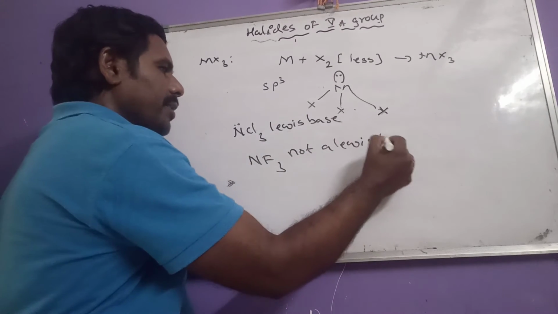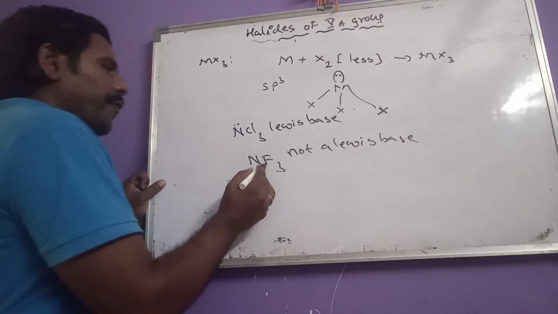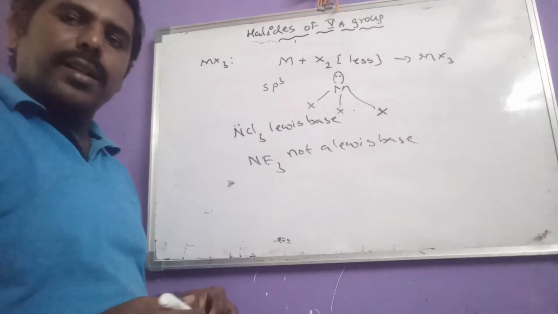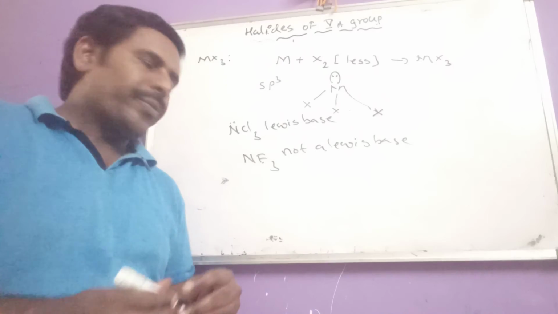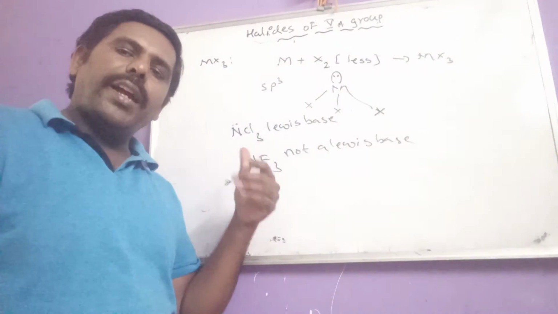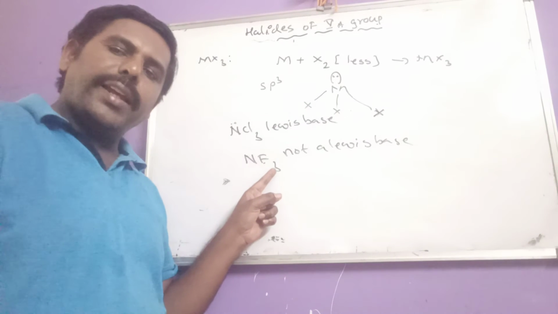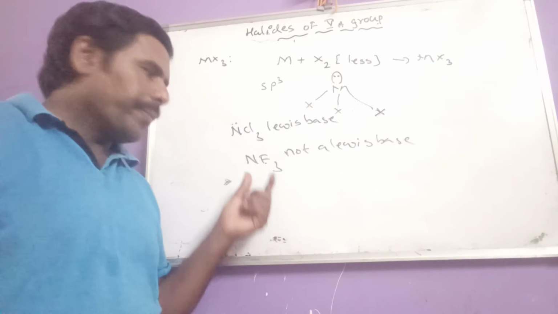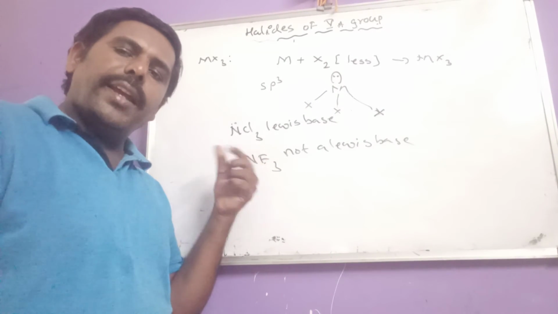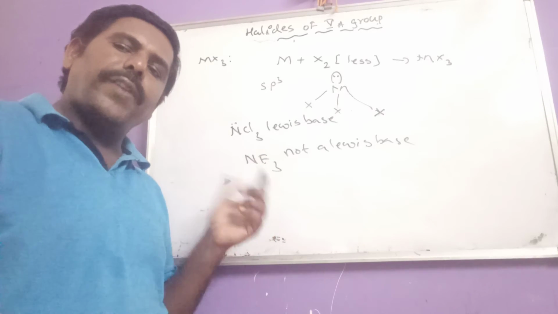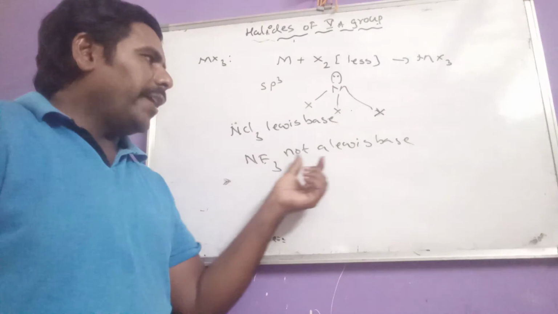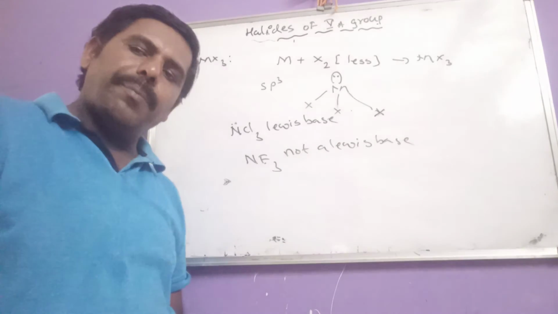What is the reason? If you observe the counter atom, that is fluorine, we know that fluorine has the highest electronegativity. So due to the highest electronegativity of fluorine, nitrogen is unable to donate its lone pair of electrons. So NF3 does not act as a Lewis base.